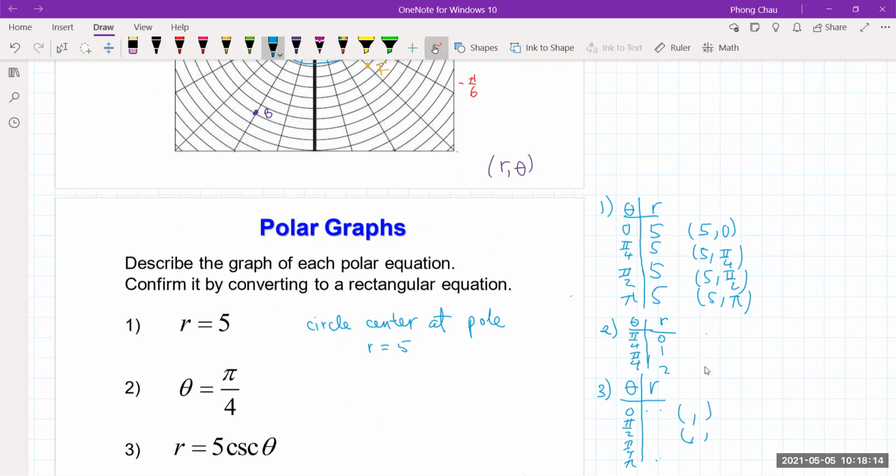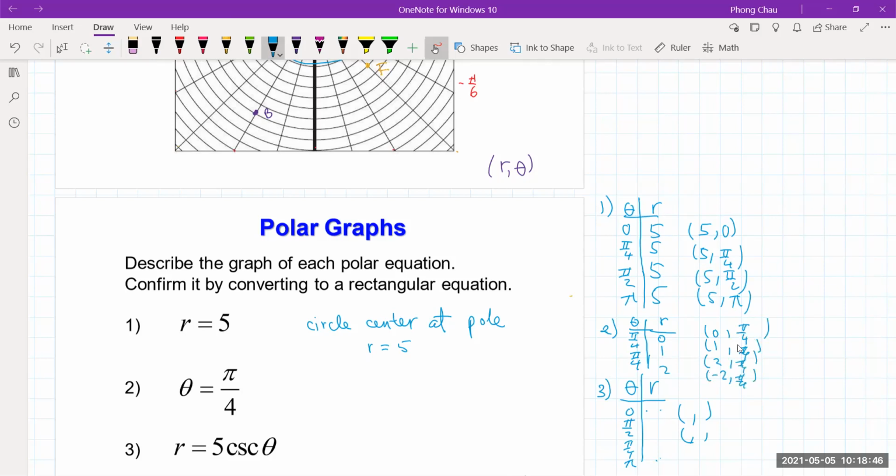So now you're going to have a lot of points where r could be anything: 0, or 1, or 2, or -2. Yet theta is constant, so it doesn't change.